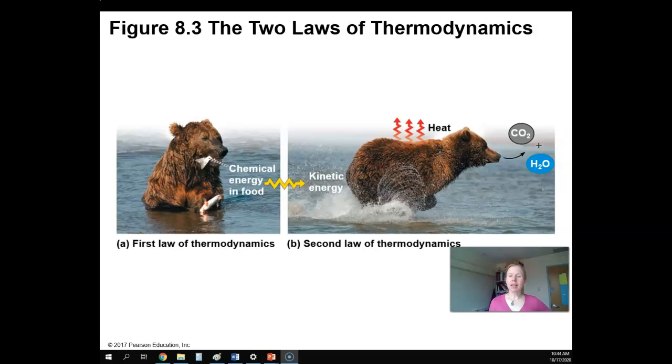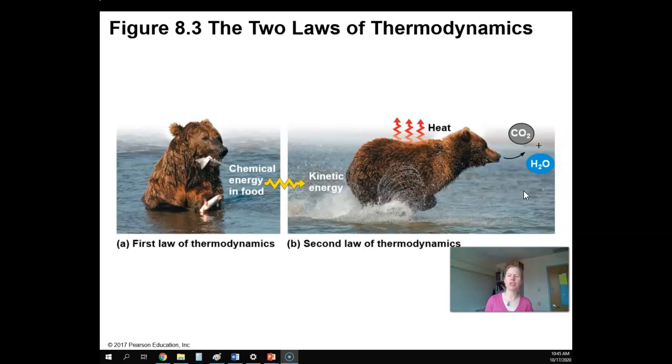The thing that the second law of thermodynamics says, though, is every time you transfer energy, when it moves between the fish and the bear, every time you transfer energy, some of it becomes less useful. Notice the heat is dissipating off into the environment.